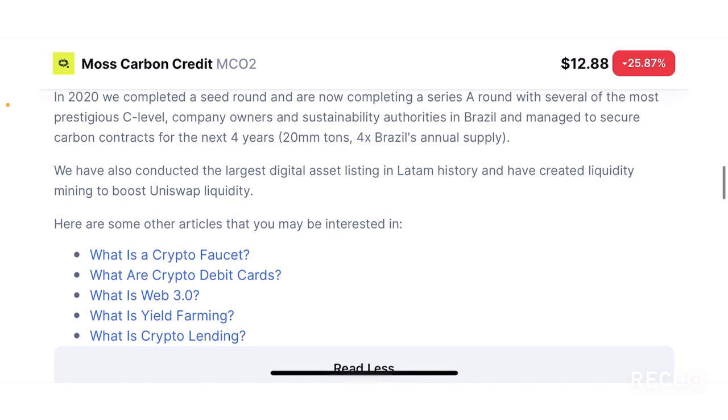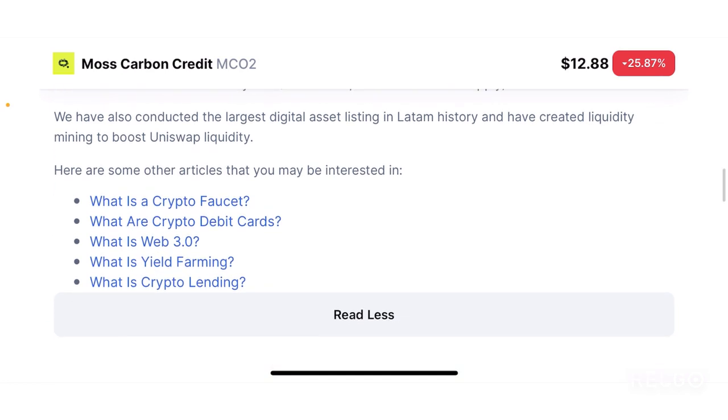We have also conducted the largest digital asset listing in LATAM history and have created liquidity mining to boost Uniswap liquidity. So this is an ERC20 token. The MCO2 token is an ERC20 token which runs on the Ethereum blockchain, and they have conducted one of the largest digital asset listings, and have also created liquidity on Uniswap for their token.